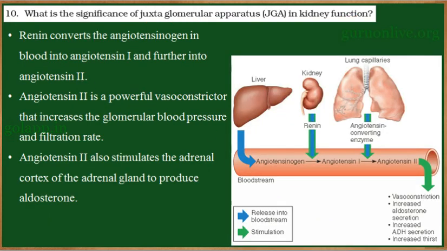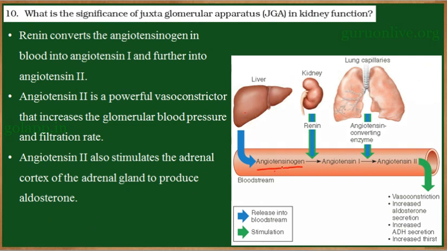So renin is secreted by the JGA complex and it is released into the blood. Now in the blood there is another protein called angiotensinogen. This is released by the liver. So the liver produces and releases it into the blood.